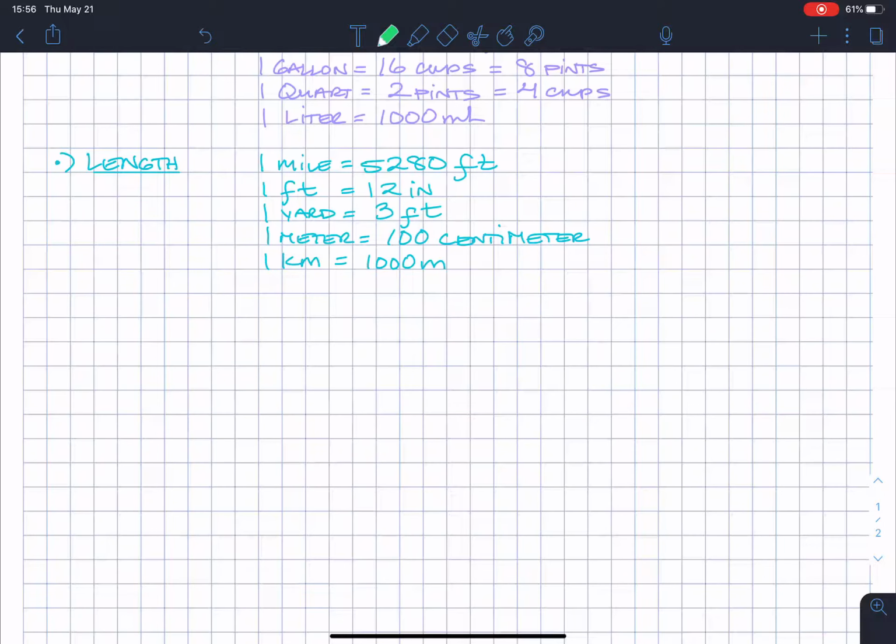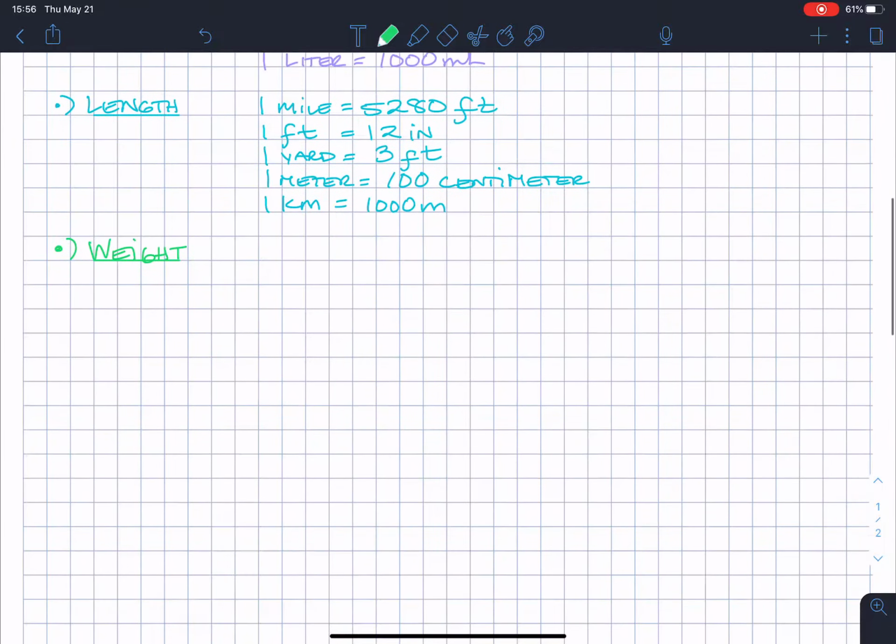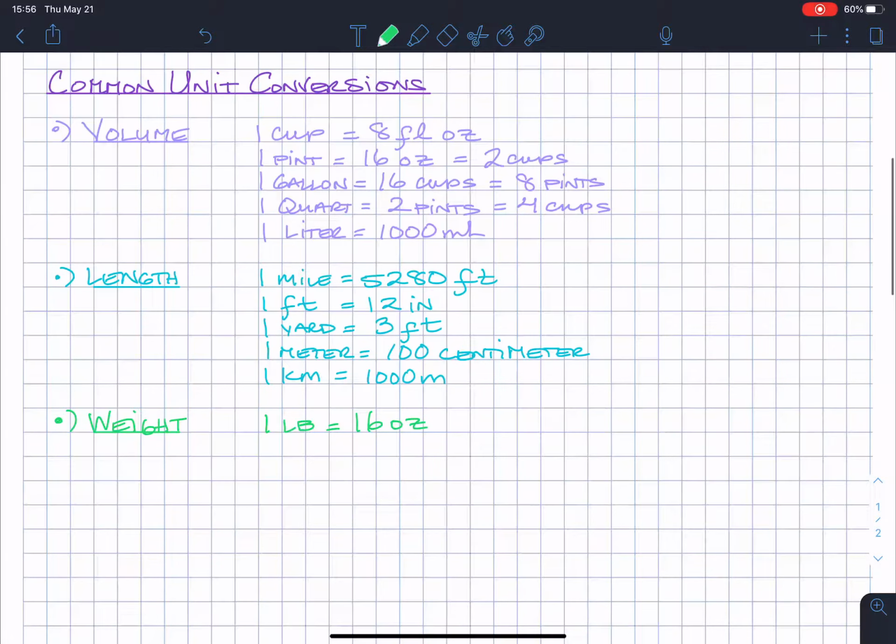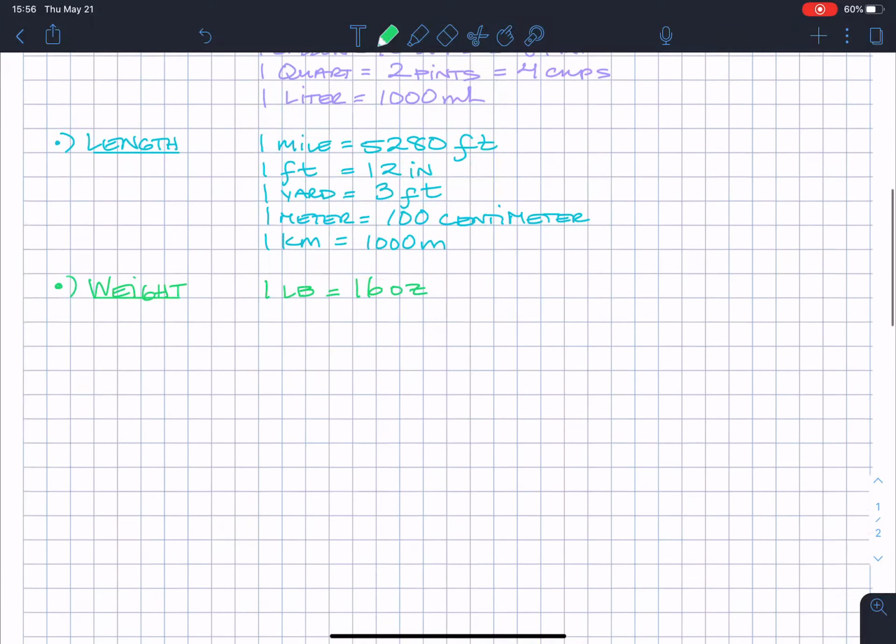Okay, so now let's look at weight. We've done volume, we've done length. Now let's look at units of weight. So 1 pound is 16 ounces. And we're going to have to differentiate between fluid ounces and weight ounces, but I'll get to that in a moment.